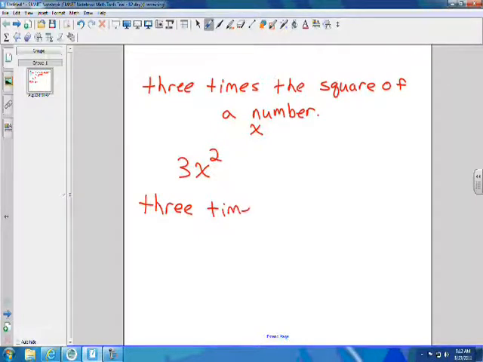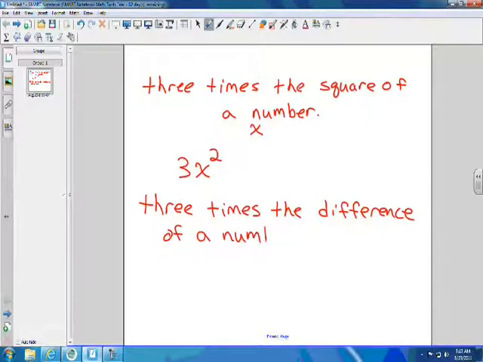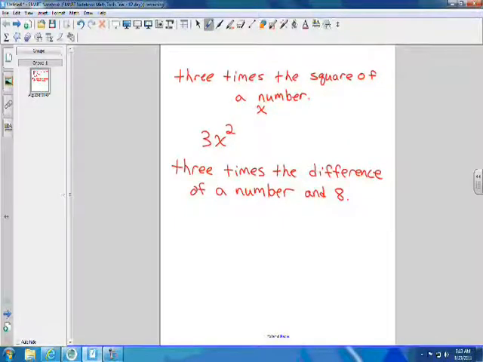Three times the difference of a number and 8. What does difference mean by operation? Difference is subtraction.